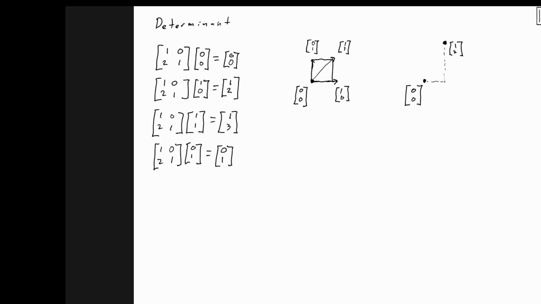My 1, 1 becomes 1, 3, which means I'm going up another 1 from there. And my 0, 1 is still 0, 1, which means I'm getting this point here. And so my square becomes that.